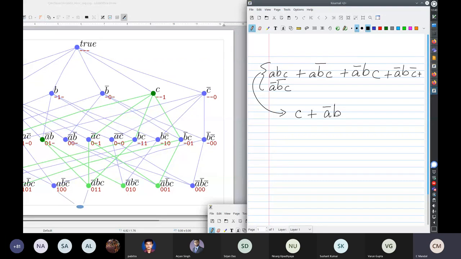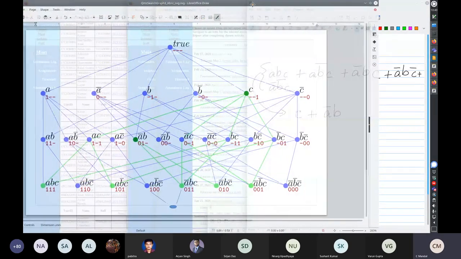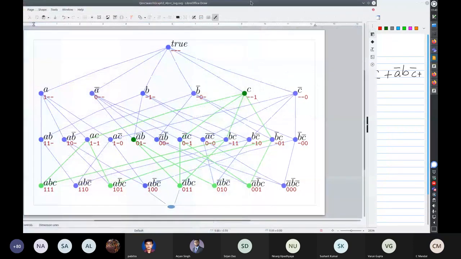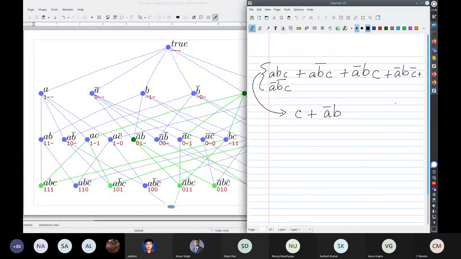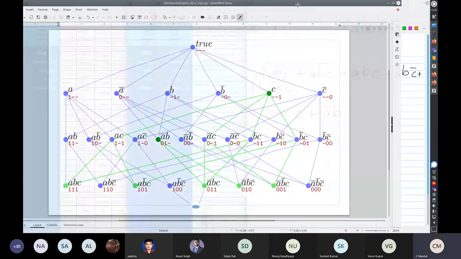The remaining are covered, right? Yeah, the remaining are covered. So this gives you a very good idea. I want you to do this for the Karnaugh map also. Please do that and submit right away.